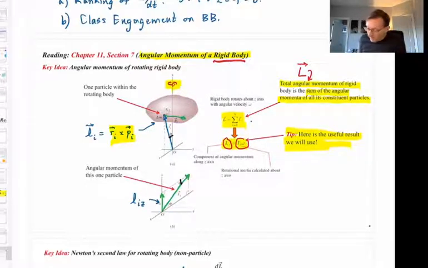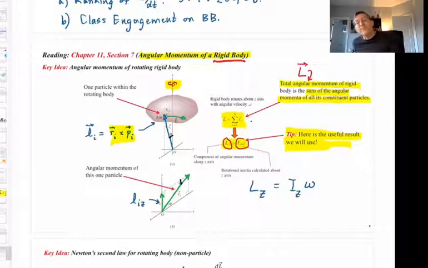Okay? The component of the angular momentum along that axis, I'll write it down here bigger so you can see it, is equal to the rotational inertia about that axis times the angular velocity for the rotation about that axis. So a lot of times you'll hear people just say L equals I omega.